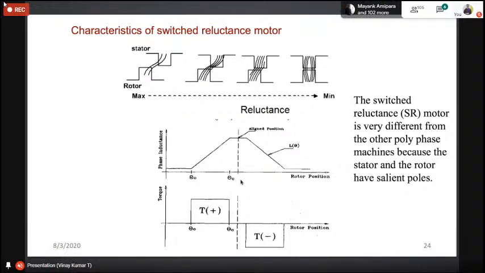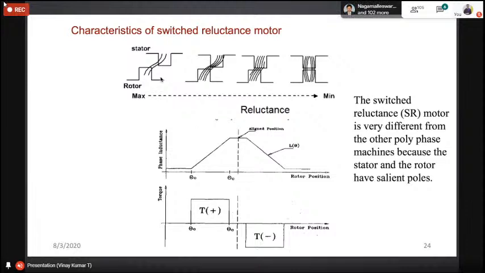So let us assume that you want to operate the SRM in motoring mode. Here this positive torque is required. When our machine is operating in generating mode, this torque is required.